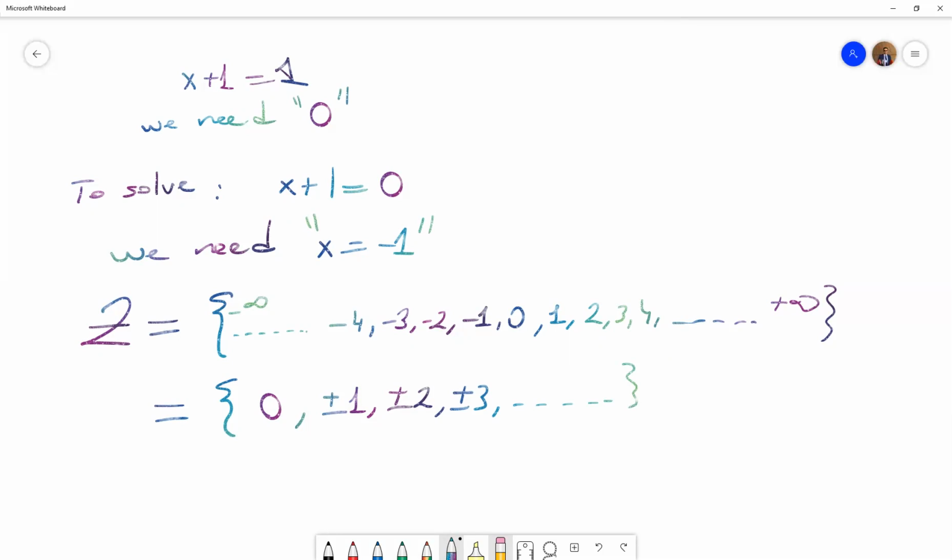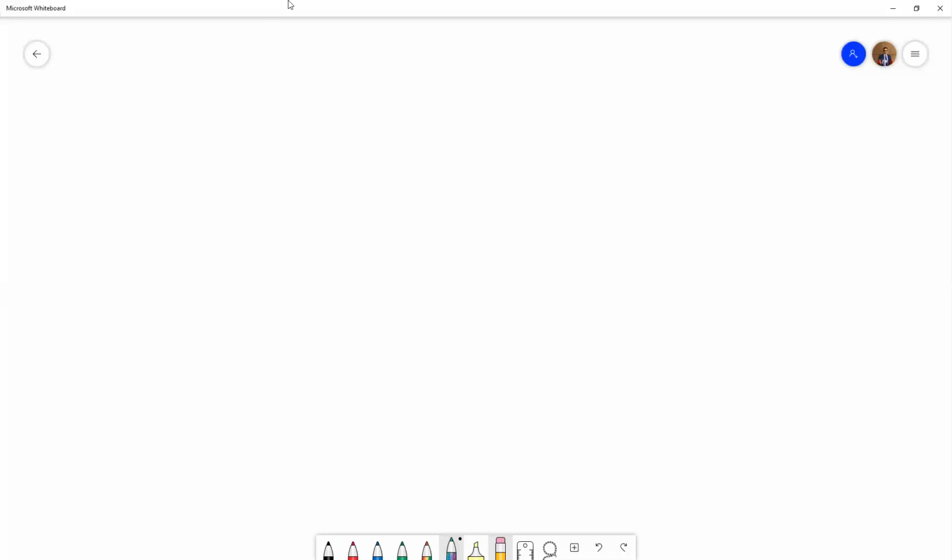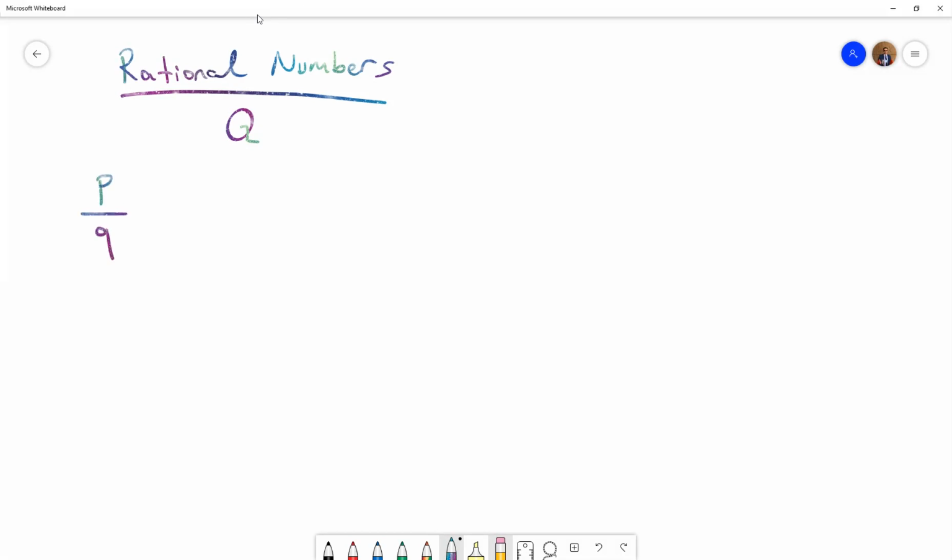Let's look at another page. Now we have rational numbers. What are the rational numbers? We define rational numbers by Q. We have p over q.